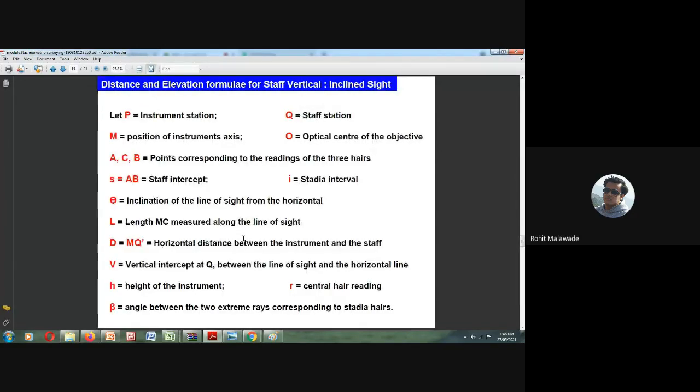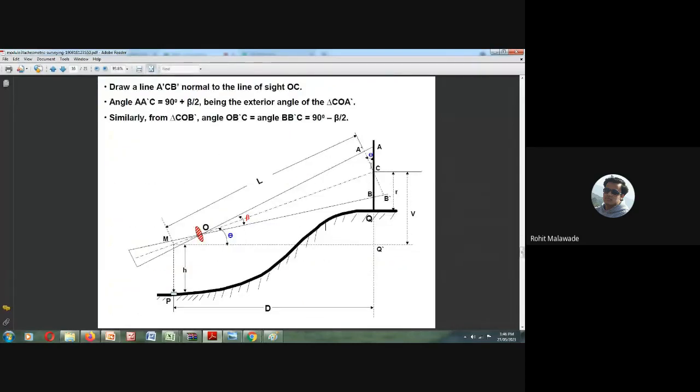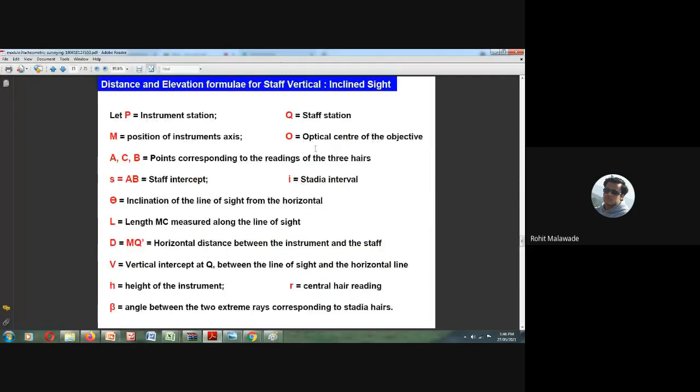Then L is the length MC measured along the line of sight. M is your trunnion axis, and C is the center point of your crosshair. So MC is equal to L. Then D is equal to MQ dash.